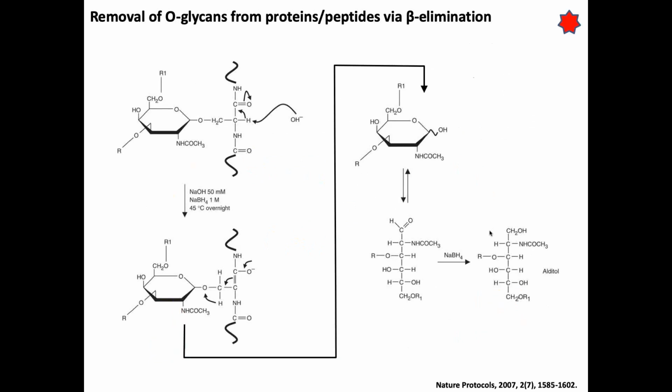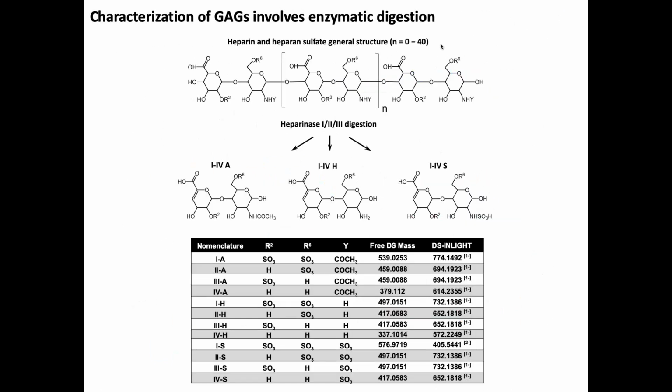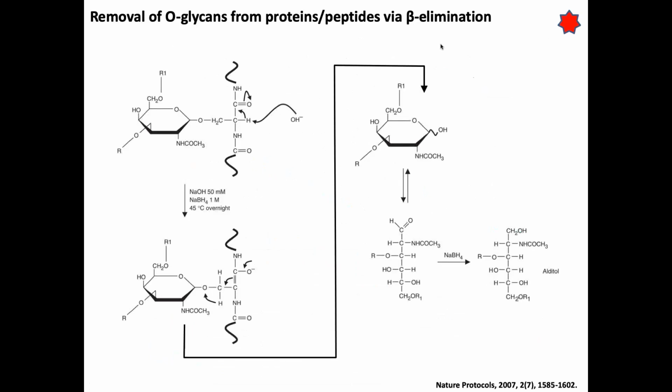So these are some of the things for releasing O-linked glycans, removal of O-links using beta elimination. I cannot remember why I put these stars on these slides, and there's no animation, so it's just a little red star watching over us as we give our lectures.